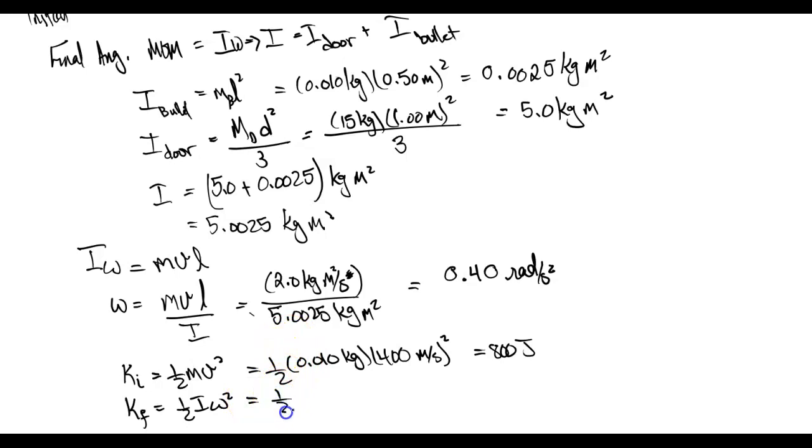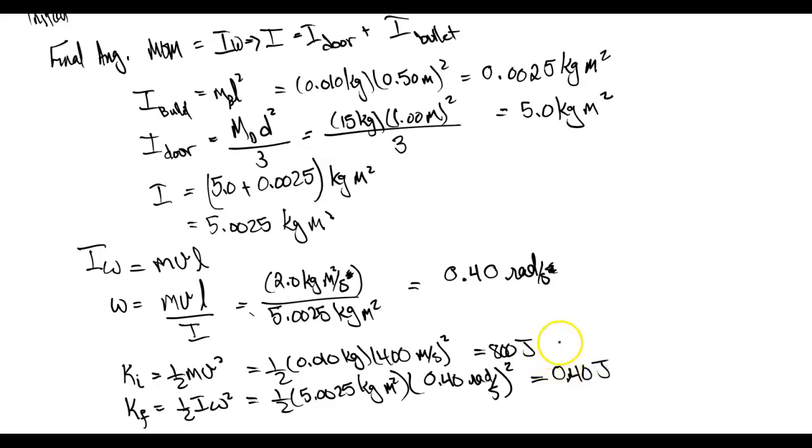So this would be 1/2 times 5.0025 kilogram meter squared times omega, which is 0.40 radians per second, and then the whole thing squared, and this gives us 0.4 joule.